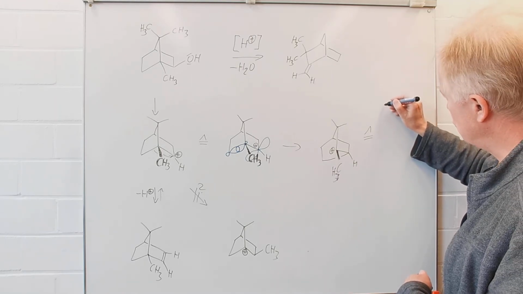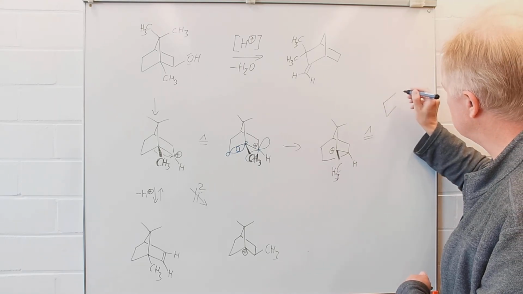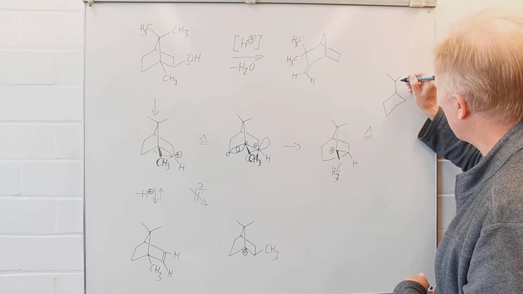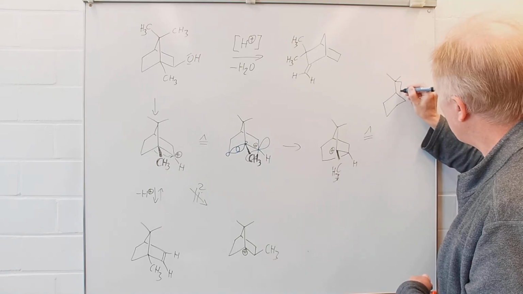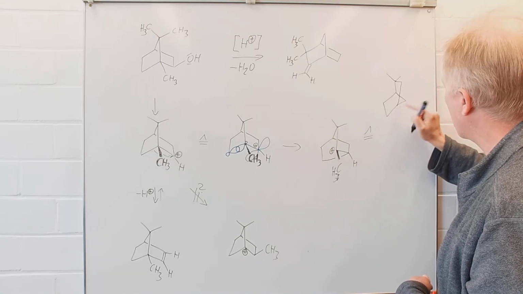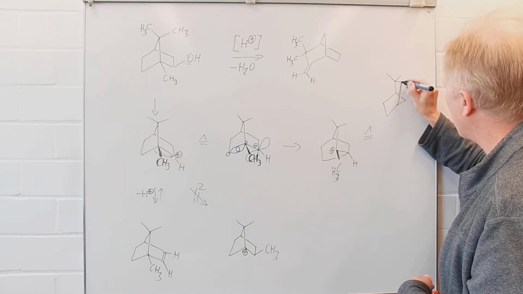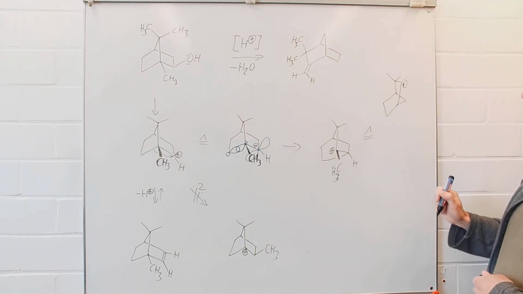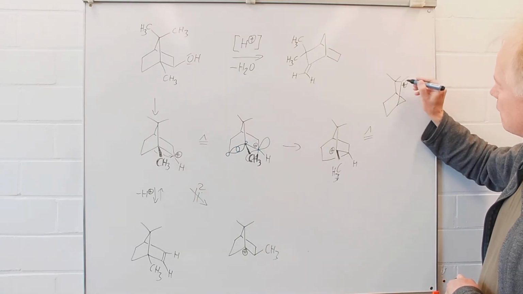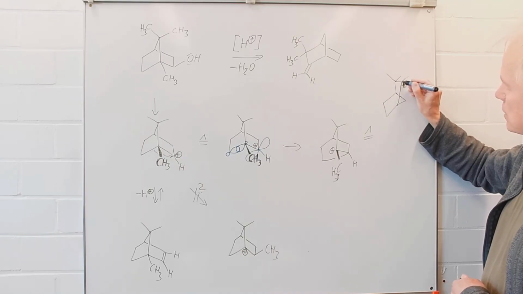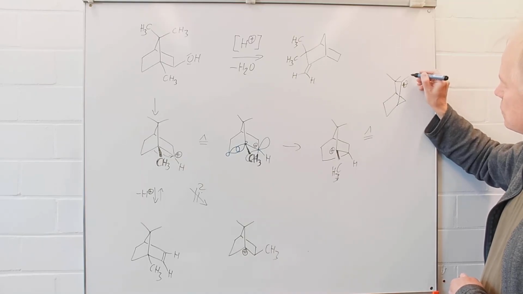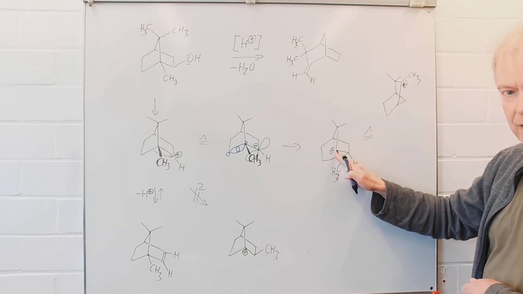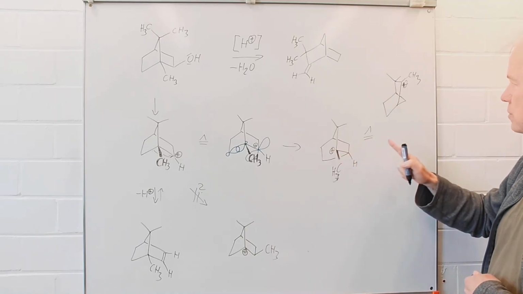Well, let's draw that a little bit differently. Here we have the carbocationic center. We have here that CH3 group sitting at that positively charged center.